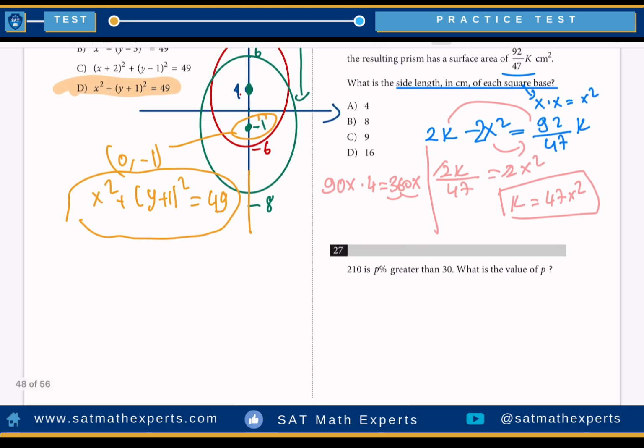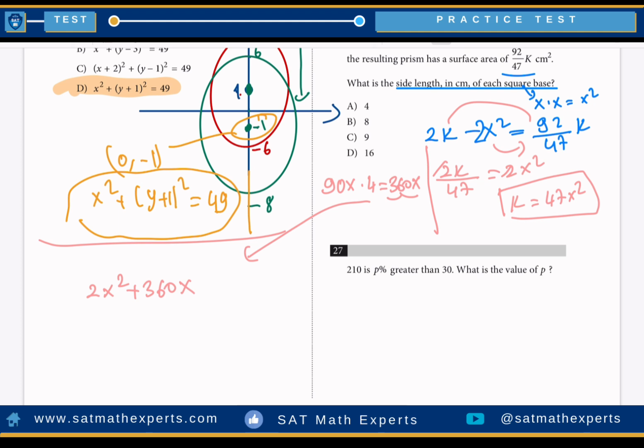Let me just continue here with my solution for you. Substituting now, we have the base area. The surface area of each rectangular prism can be represented as 2x squared, the upper base and lower base, plus 360x, right?